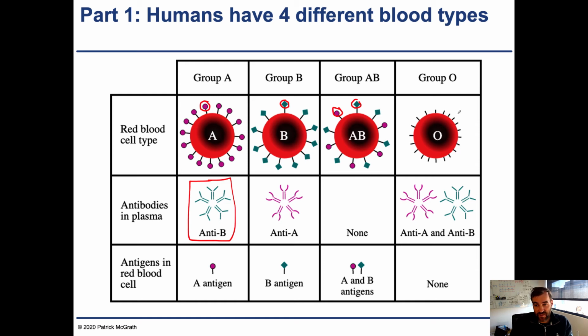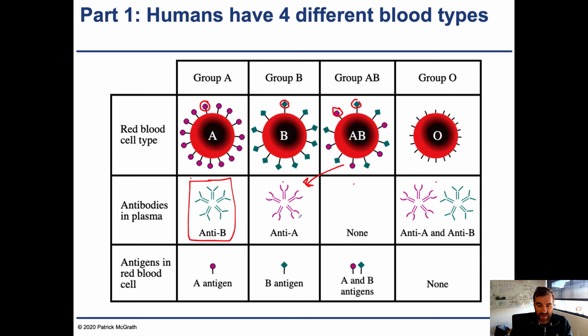This is why the O is the universal donor, because you can give O to all 4 of these different blood groups, and because there are no antigens on the blood cells, you never have a problem with your immune system reacting with it. But think about what happens if you transferred blood from the AB group to someone that had the B blood type.